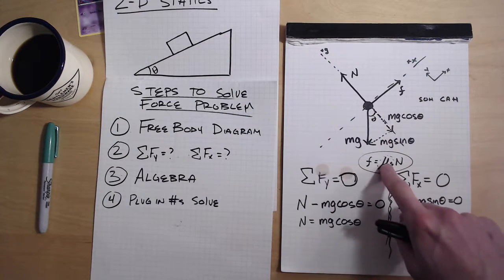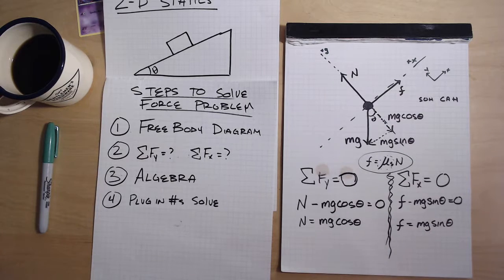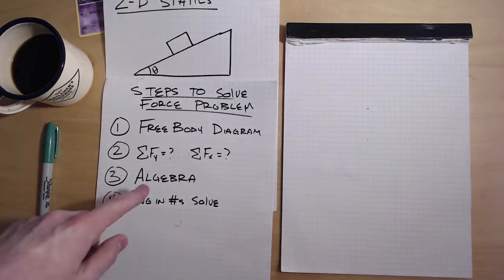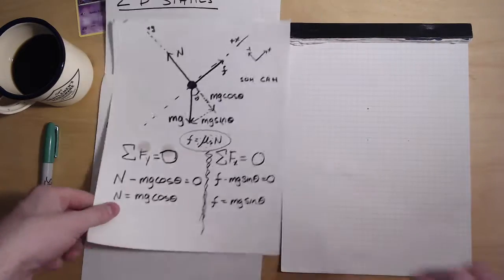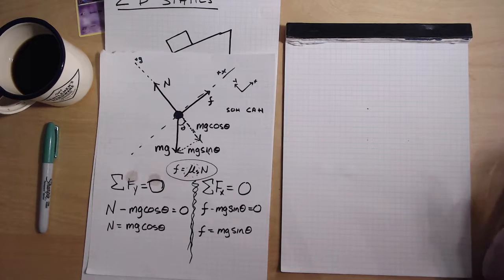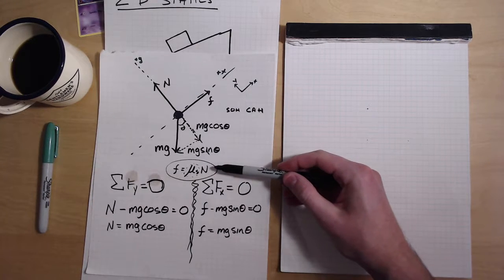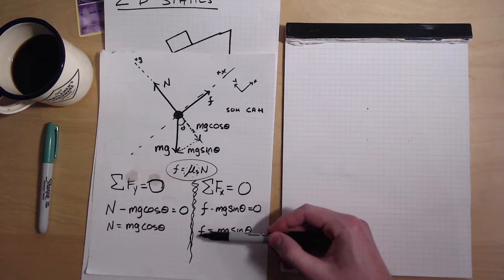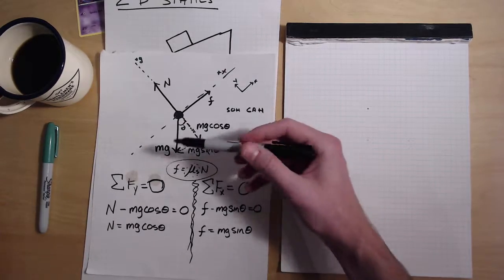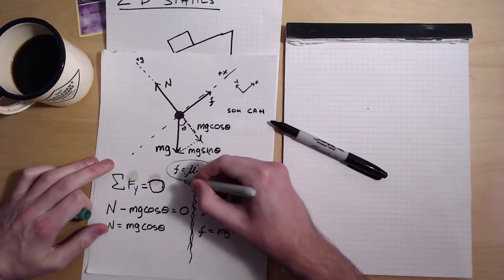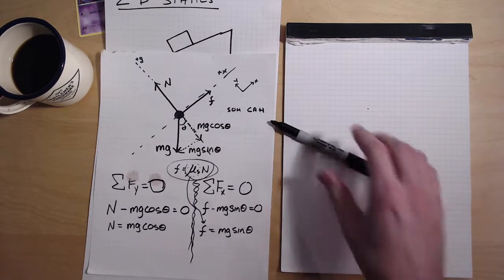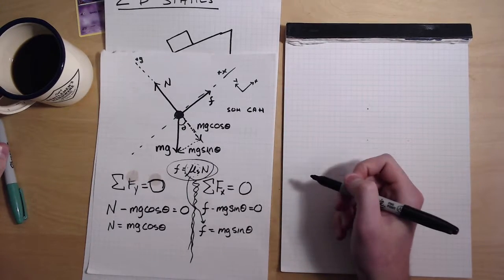So let's use this equation, and this equation to try and find an equation that solves for the coefficient of static friction. So now we're going to be doing some algebra. If we look at this equation here, we will see that the force of friction is equal to mu static N. So we're going to take this equation and dump this right into there. So let's rewrite this equation over here using the friction equation with it.